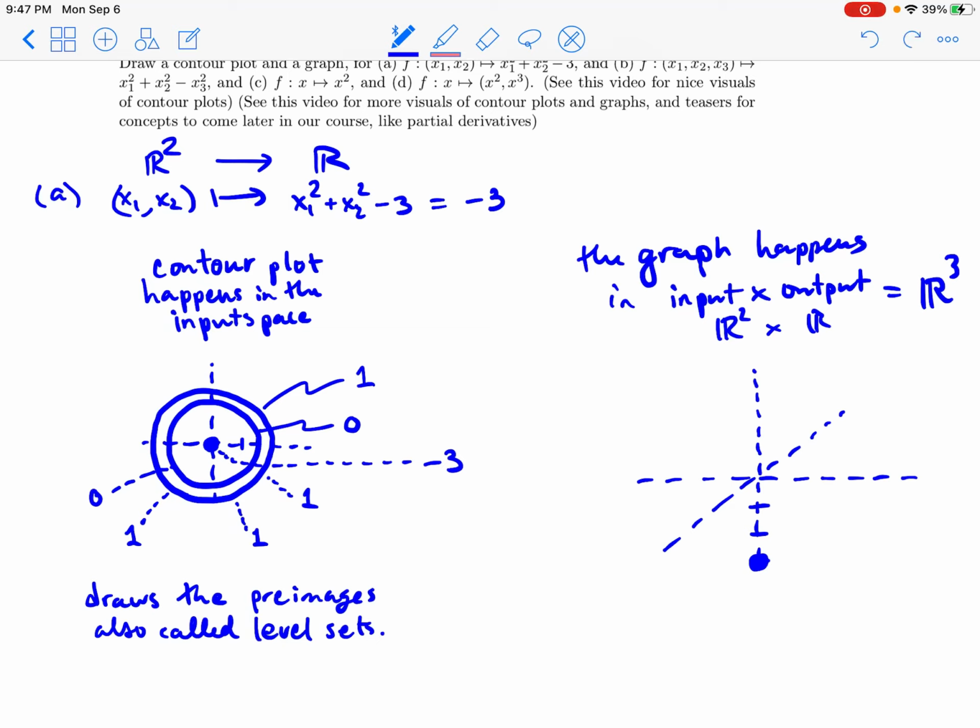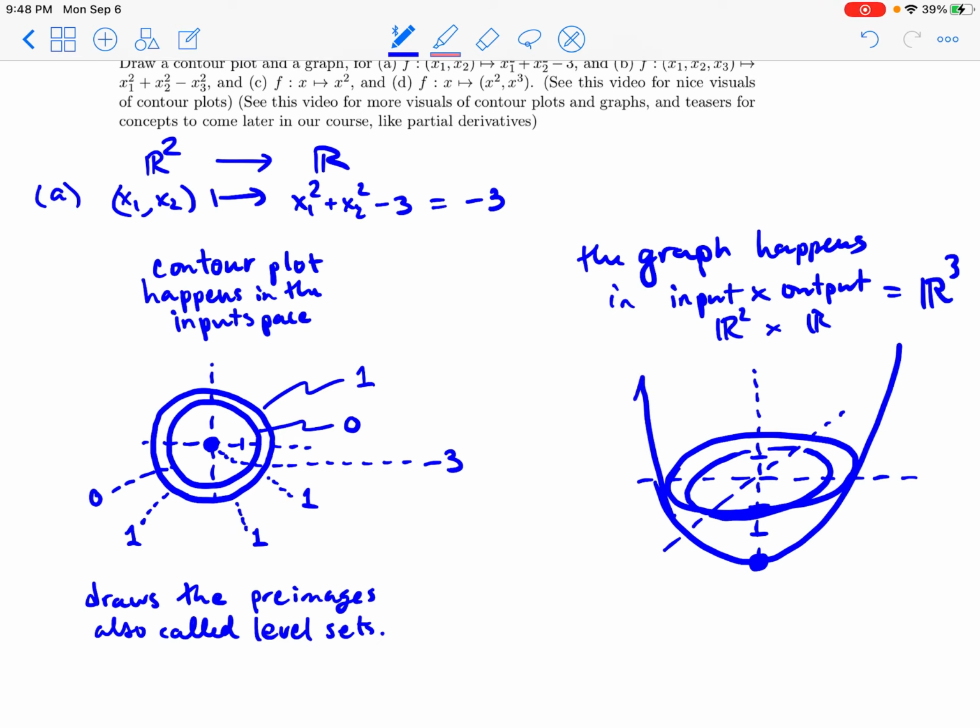Now there's a whole circle of points with a 0, and that's this circle of radius square root of 3. And there's a whole circle of points, a bigger circle of points with 1s hovering above them. And so that gets height 1 on this drawing.